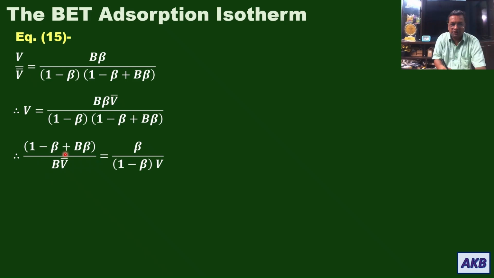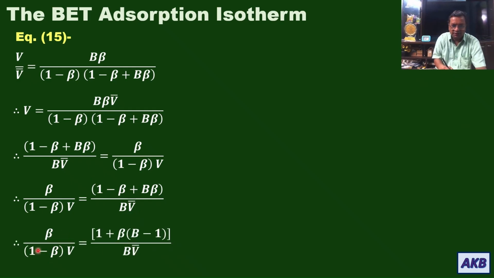So this is 1 minus beta plus B into beta divided by B into V bar, that is equal to beta upon 1 minus beta into V. I'm writing the same equation: beta upon 1 minus beta into V is equal to 1 minus beta plus B into beta upon B into V bar.